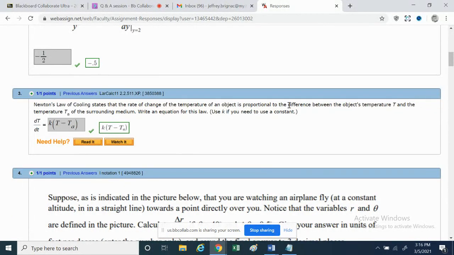Okay, now when we read the word difference there, well, that's subtraction, okay? So, just strictly speaking from that verbiage, that's T, the temperature of the object as it is, minus T sub A, which is the ambient temperature, the temperature of the surrounding medium, okay? And K is called a constant of proportionality, okay?